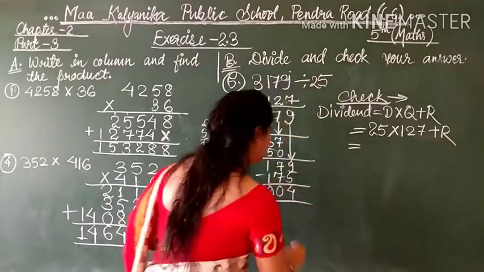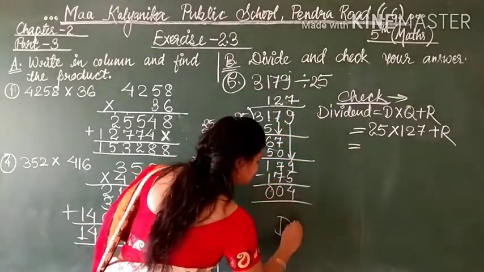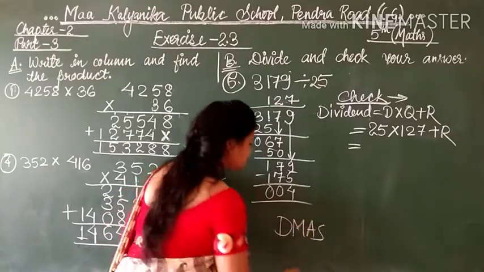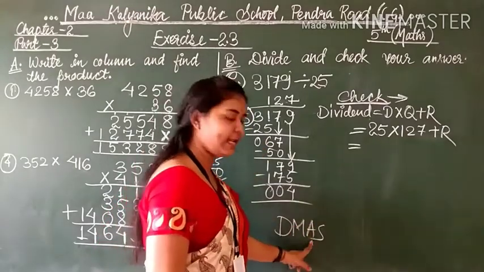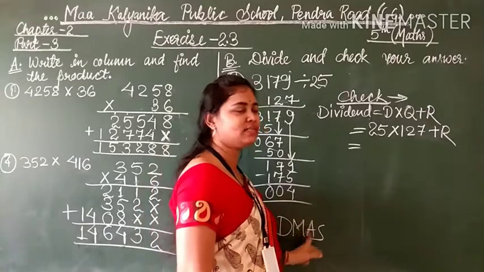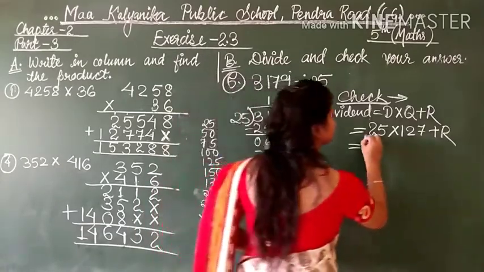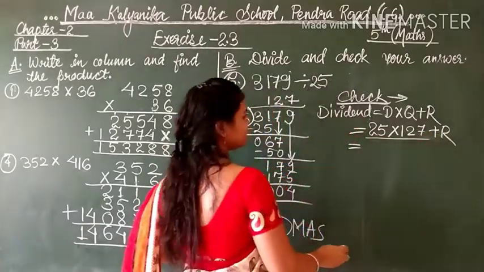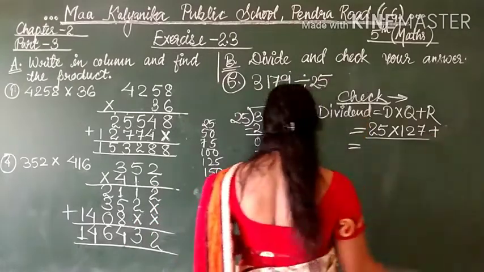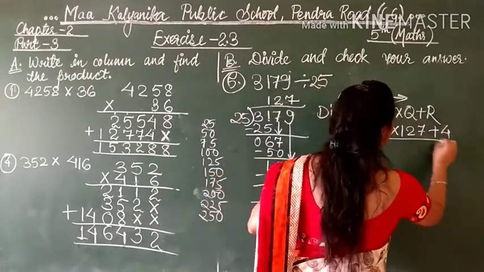BODMAS means the rule D-M-A-S: first divide, then multiply, then add, then subtract. So multiply first, then add. So first multiply these two numbers. R is here 4.